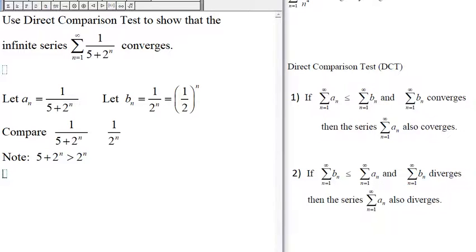And so that means that 1 divided by 5 plus 2 to the n is less than 1 divided by 2 to the n. So this denominator is larger, and so if we do the reciprocal, then it would be smaller.